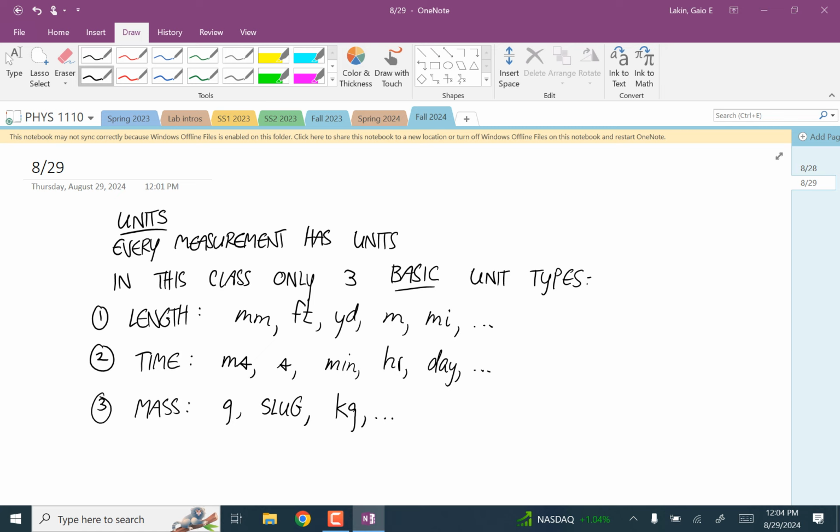Bathroom scales usually have a setting where you can switch between measuring in pounds or kilograms, which gets people used to thinking that pounds and kilograms are measuring the same thing, but in fact, they're not. Pounds is a measure of force. When you're measuring your weight in pounds, you're measuring the force that gravity applies to you.